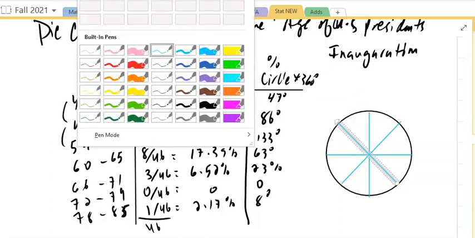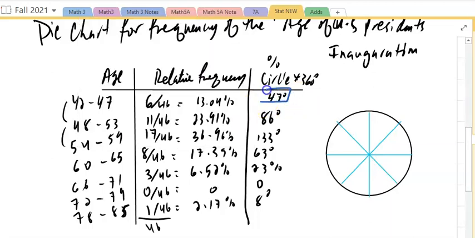So I start off with the labeling, and let's start with the blue. 47 degrees. Well, 47 degrees is a bit past that line, just a bit. Let's say that much.